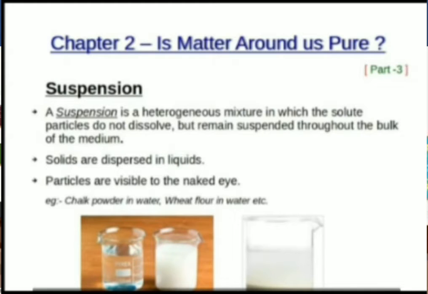Here, solids are always dispersed in liquids. So, the particles are visible to the naked eye. We can see the particles with our eyes. Look at this picture.